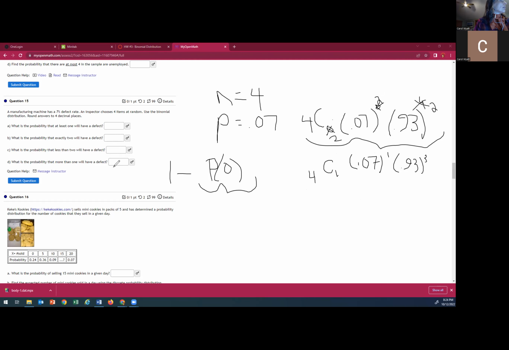More than 1 is 2, 3, 4. So you could calculate 2, 3, and 4 and add them together. You already have 2 here. You could calculate 3 and 4 and add them together.